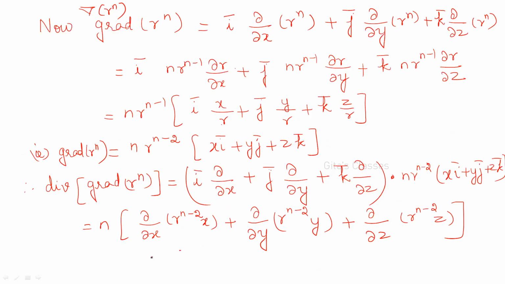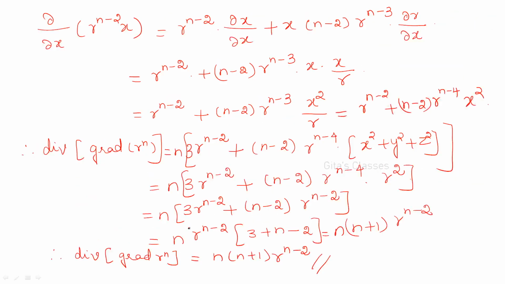Okay, n into ∂/∂x of that we are going to substitute. For x you will get 1 r^(n-2), for y you will get 1 more, and for z also you will get 1 r^(n-2), which is common, that's why I am adding all 3. So it will become 3 r^(n-2) plus (n-2) r^(n-4) into, for the first term, x^2 plus y^2 plus z^2. What is x^2 plus y^2 plus z^2? It is r^2. Okay.